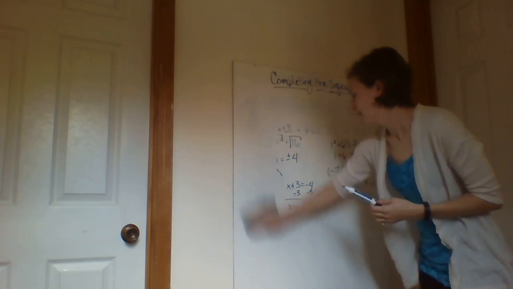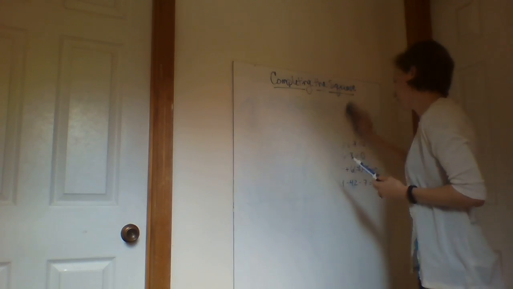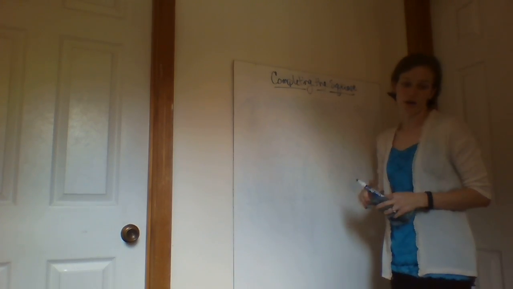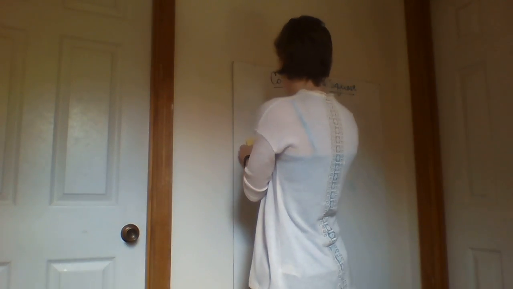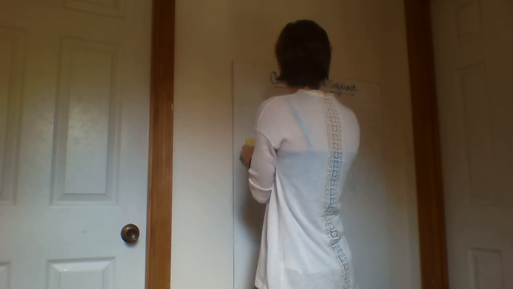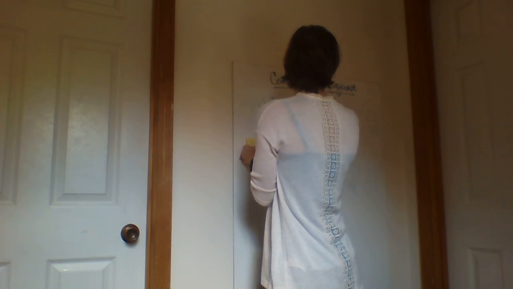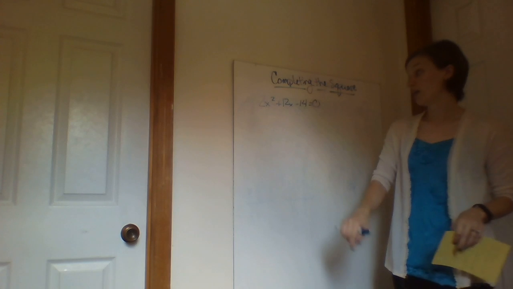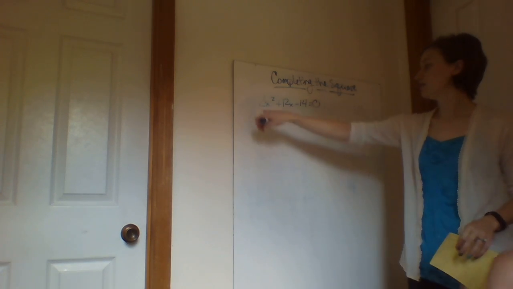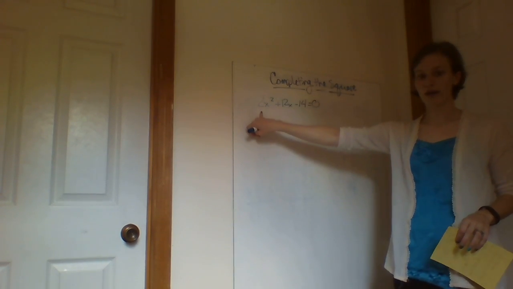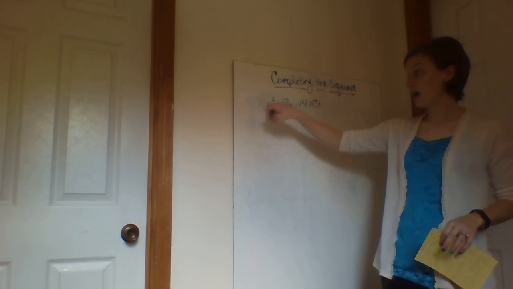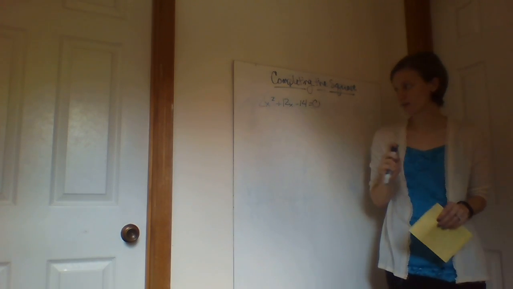Other cases you need to be on the lookout for are things like, we may end up with 2x squared plus 12x minus 14, all of that equals 0. If we look, our first check is to make sure that this is a 1. It is most definitely not a 1, it's a 2.